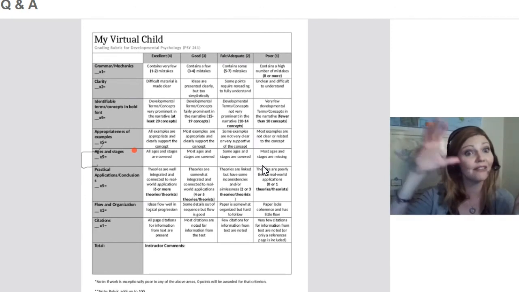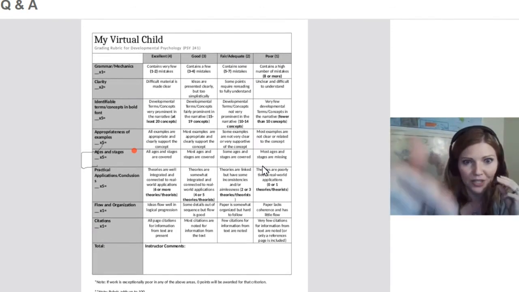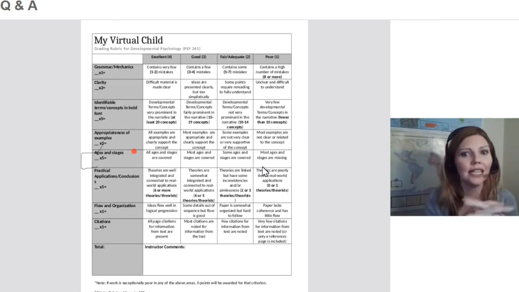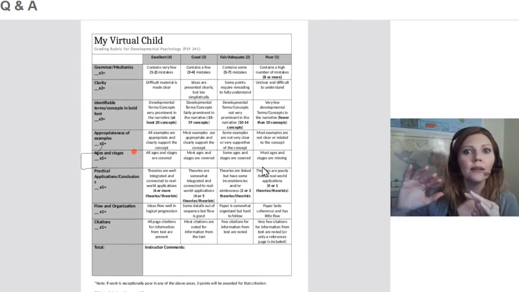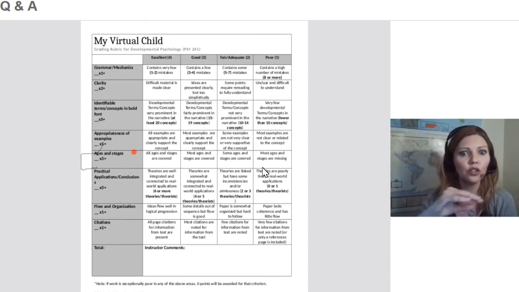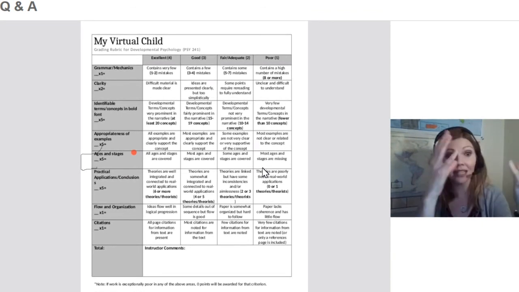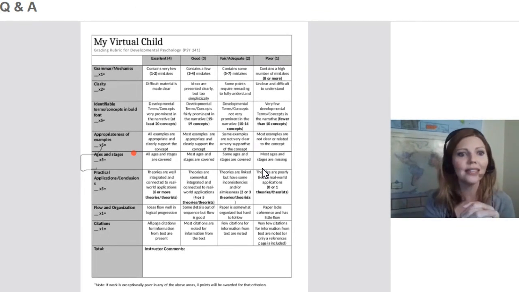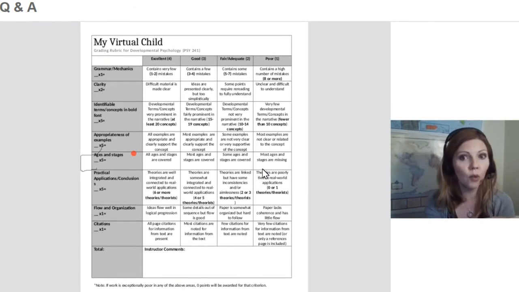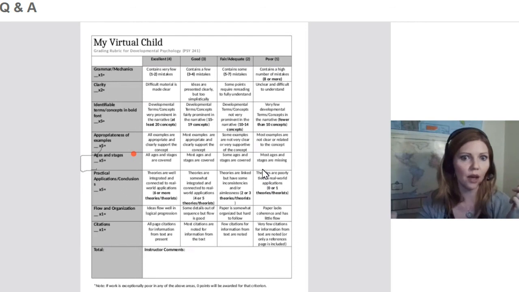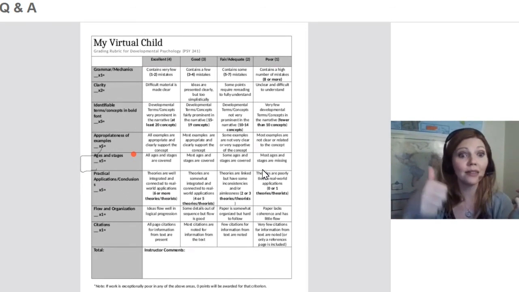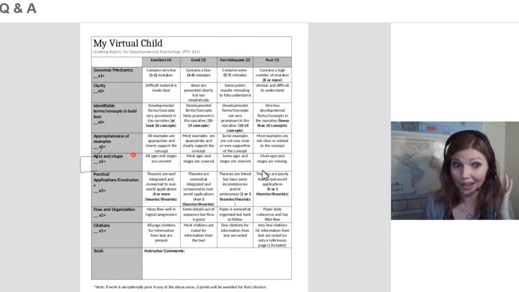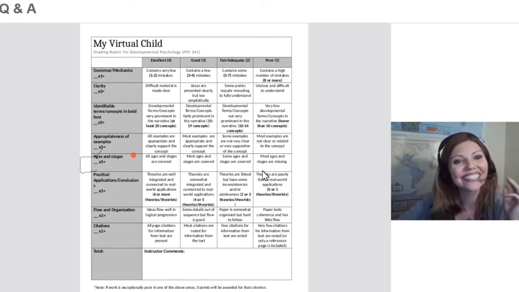But for anybody who might have this question and is watching the recording later, you need to have it woven into the paper, because the more you apply the stuff we've been learning to the simulation and say, this is an example of Piaget's sensorimotor stage, the more you tie this stuff in blatantly, the more I know that you know what you're talking about. So the more you do that, the better your grade's going to end up being. Unless you learned absolutely nothing in the whole course, and then we're all kind of screwed. Okay?